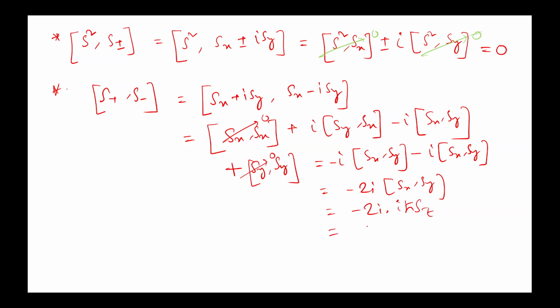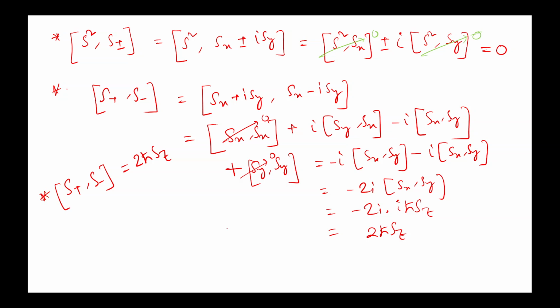So what you are left with is 2h cross Sz. Okay, so the final result is S plus S minus is 2h cross Sz.